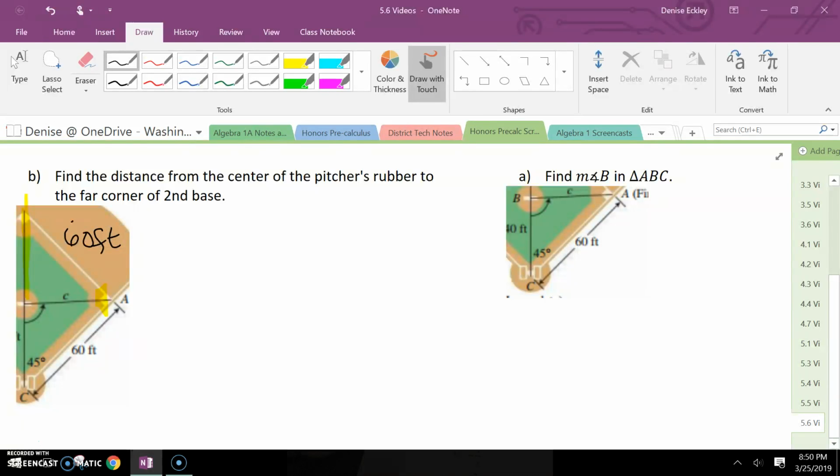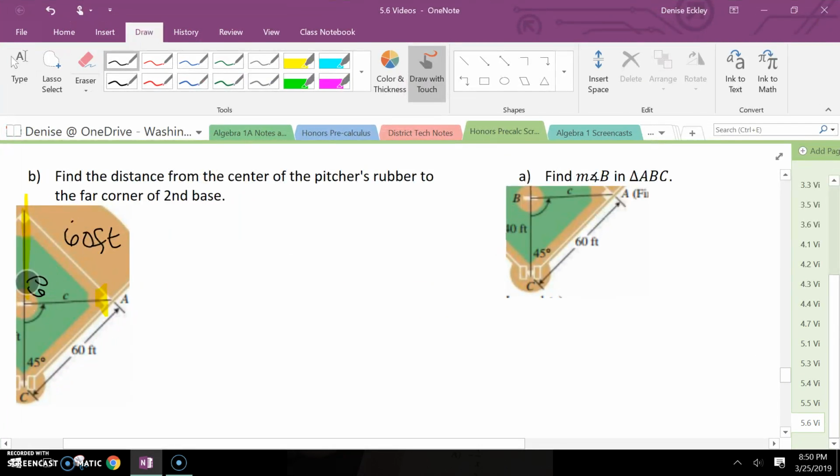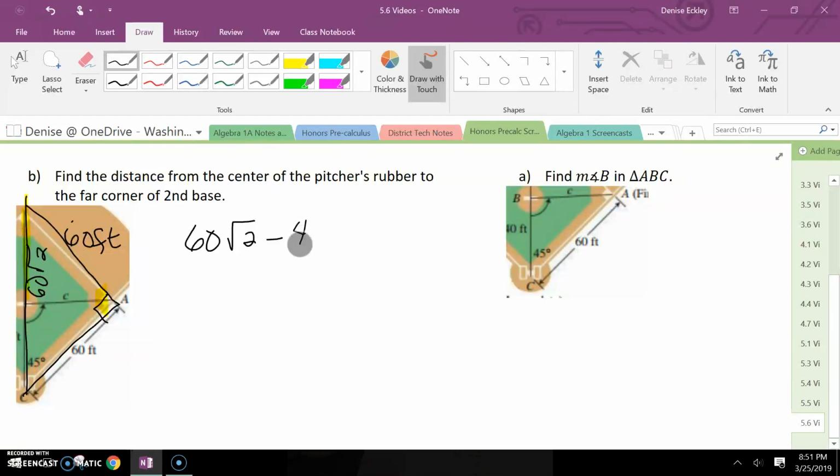So we have an isosceles right triangle. So the hypotenuse of this triangle is going to be 60 times the square root of 2. So that's clear from here the whole way up. So here's our right triangle right there. Okay, and then using that, we can just figure out that the distance is going to be 60 times the square root of 2 minus the distance we already know from home plate to the pitcher's mound, which is 40 feet.